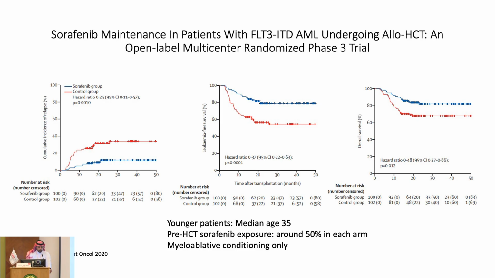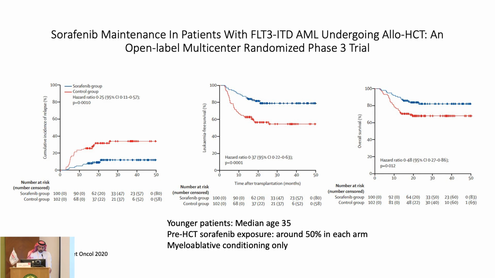Subsequently, a Chinese group published their experience with the use of sorafenib in a phase 3 open label randomized study, with relatively more patients, almost double the number from the previous study, using sorafenib versus control, because this was an open label study.